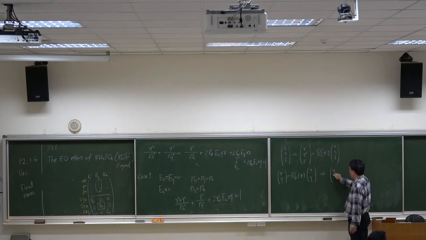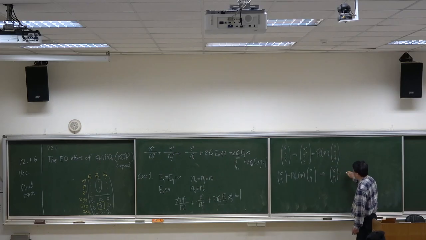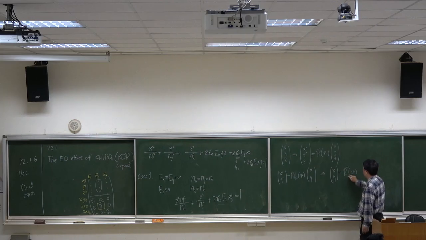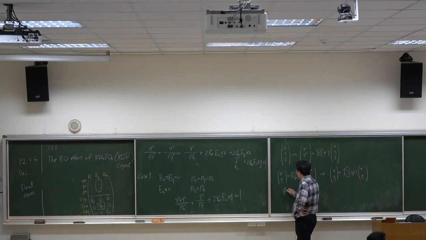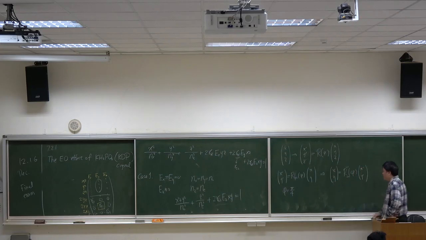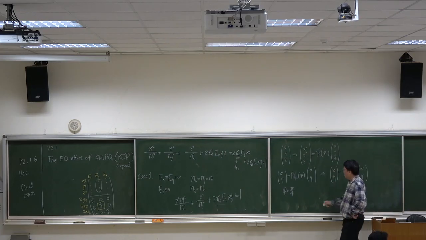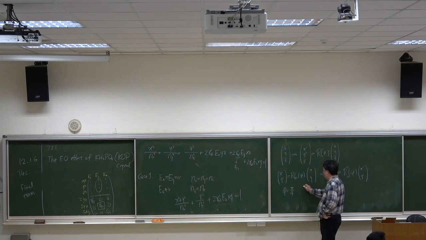We can rewrite x, y as R inverse, 2 by 2, times x prime, y prime. We choose phi to be one quarter pi.